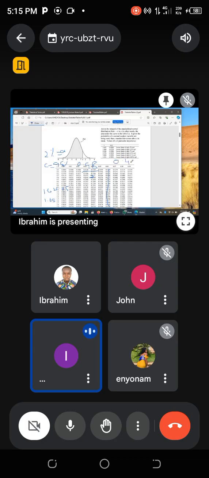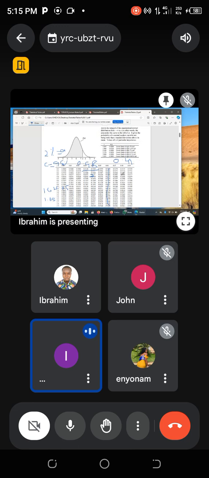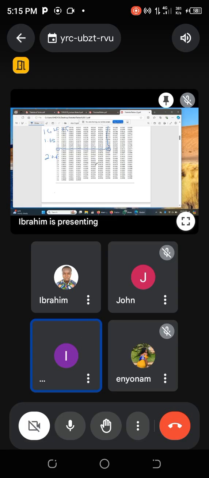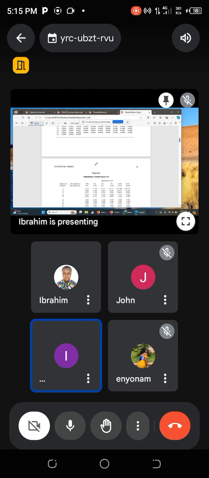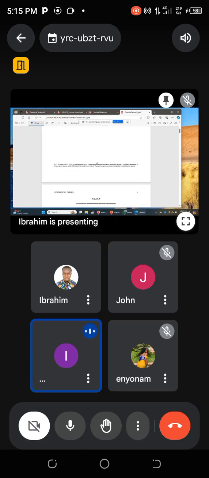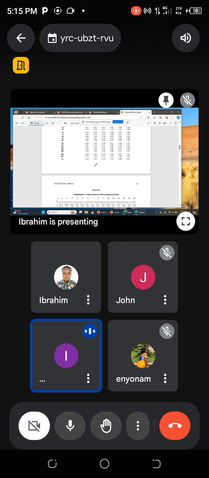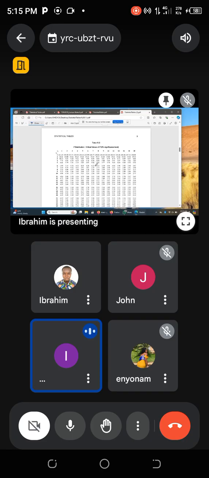So we will go and look for 0.49 on our statistical table, and then we read the 0.49 on the table to get our Z critical value.